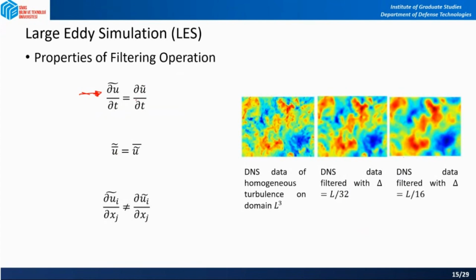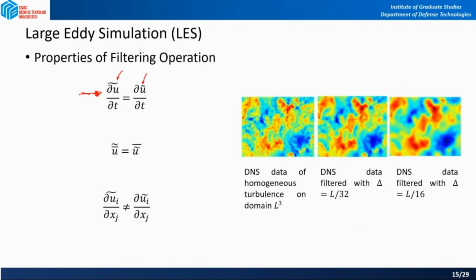What does it mean? It means differentiation commutes. In other words, if you take the time derivative of the instantaneous velocity and filter it, it is the same as taking the time derivative of the filtered velocity field.